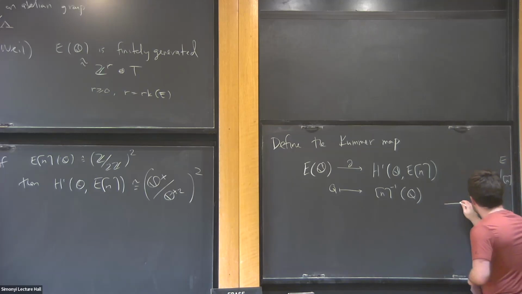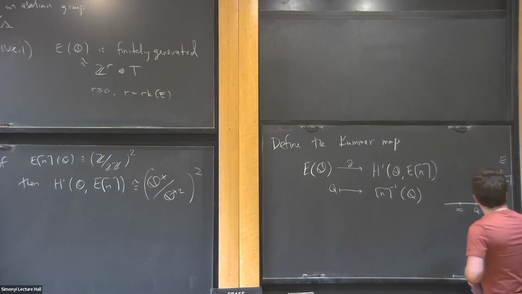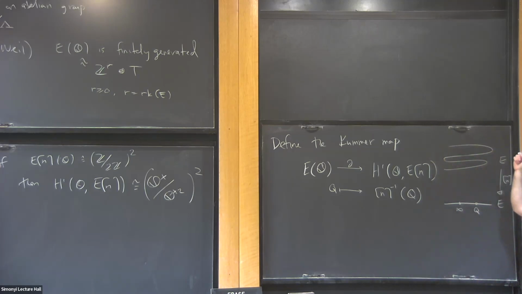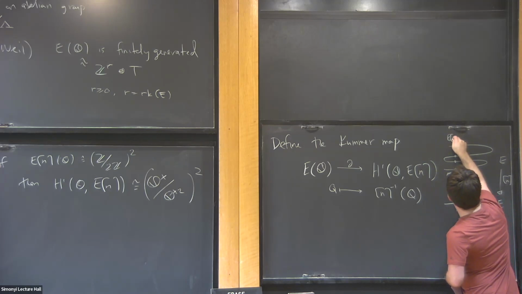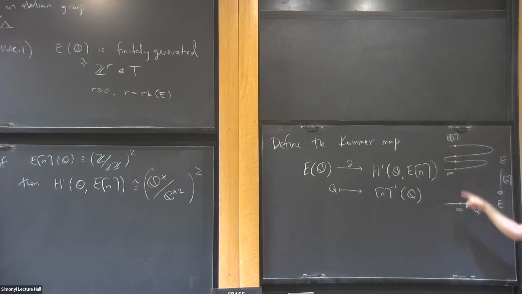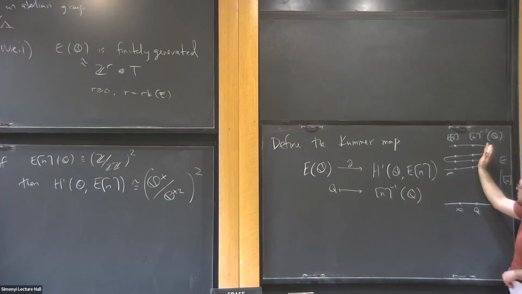I will draw it by caricature. So we have infinity here, we have Q here, and this is the case n equals 2, so it's a degree 4 cover. I look at the preimages. Infinity is one of the preimages. In general, the preimages of infinity are the n-torsion elements. This is a group homomorphism, so any fiber, in this case this fiber, is going to be a torsor for the kernel.